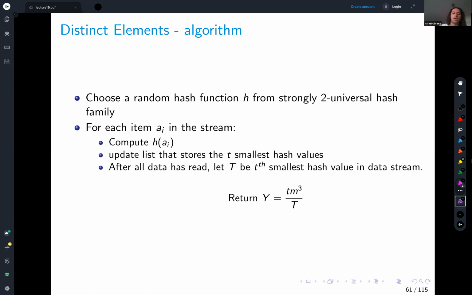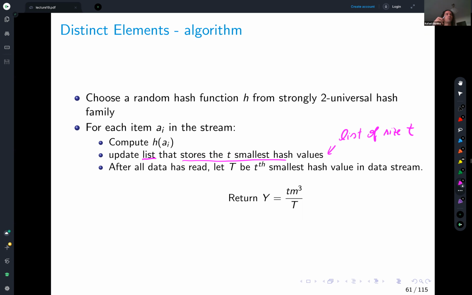The data structure is just a list that stores the T smallest values. Okay, so there's a list of size T. That's our data structure. And again, T is a parameter that we set, right? So we're going to see how to set T in a little bit.